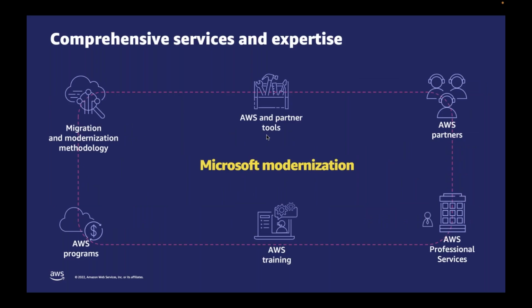AWS has helped enterprises in every industry across the globe migrate to the cloud and modernize on AWS, and in doing so have built and honed the tools, services, and partnerships to make your workload renovation, your workload modernization projects successful.